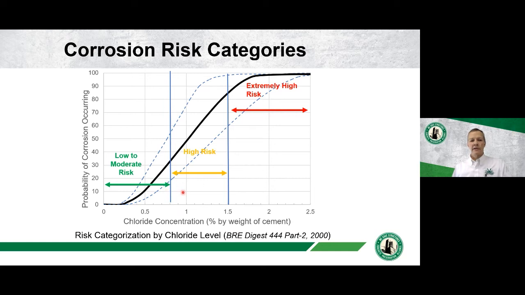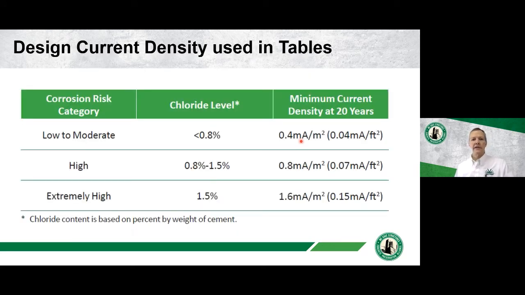High risk areas as being 0.8 to 1.5% chlorides, and extremely high risk as being 1.5 to 2.5 or maybe 3% chlorides. If you consolidate everything I've said in the last 3 slides into one slide, you will come to this categorization.